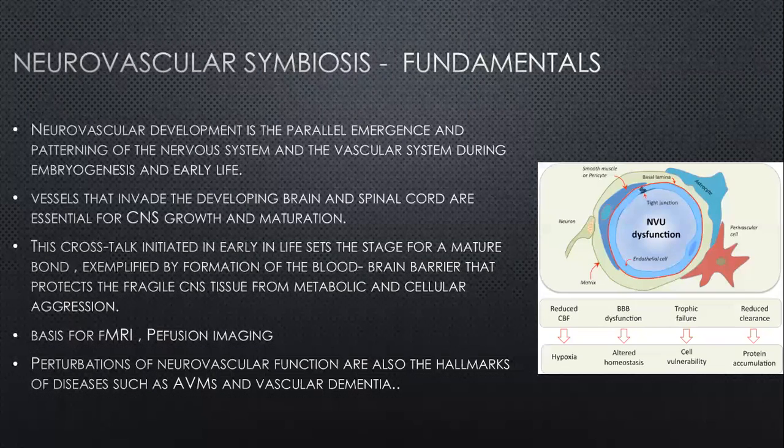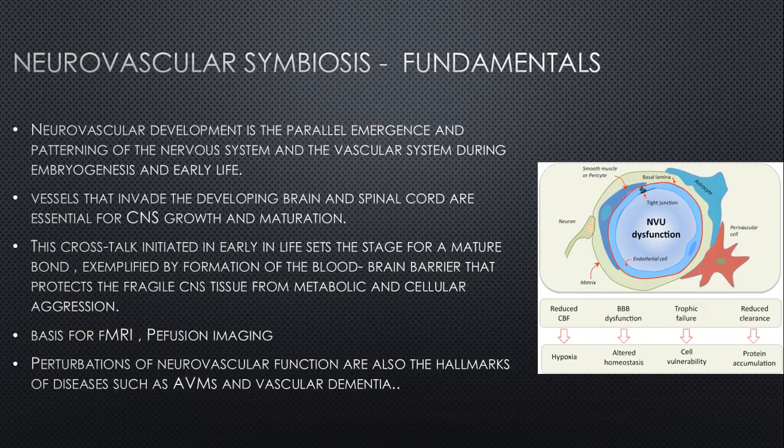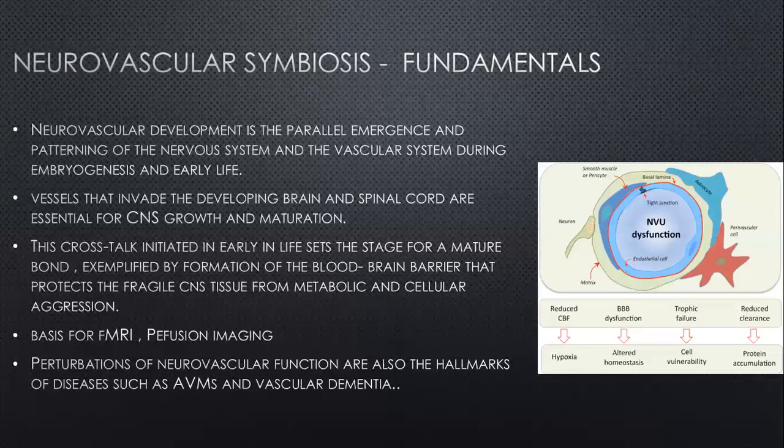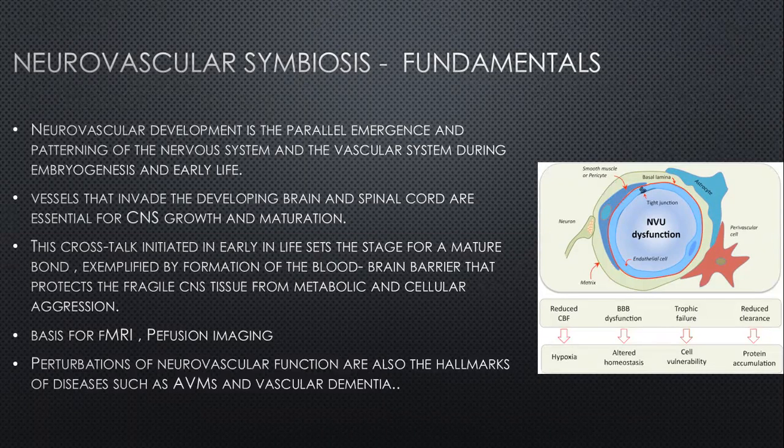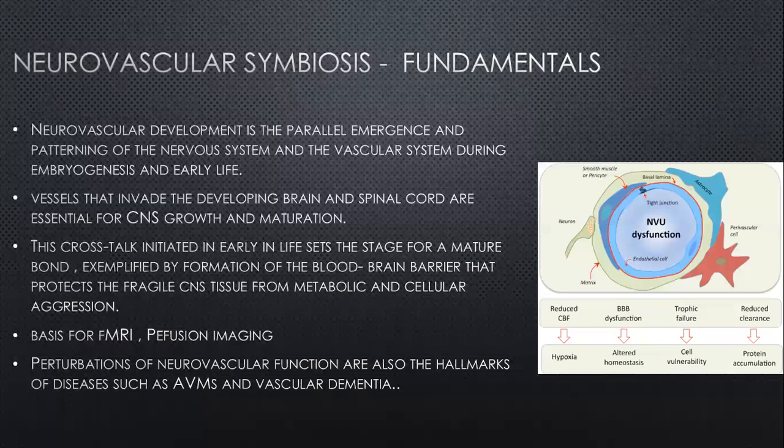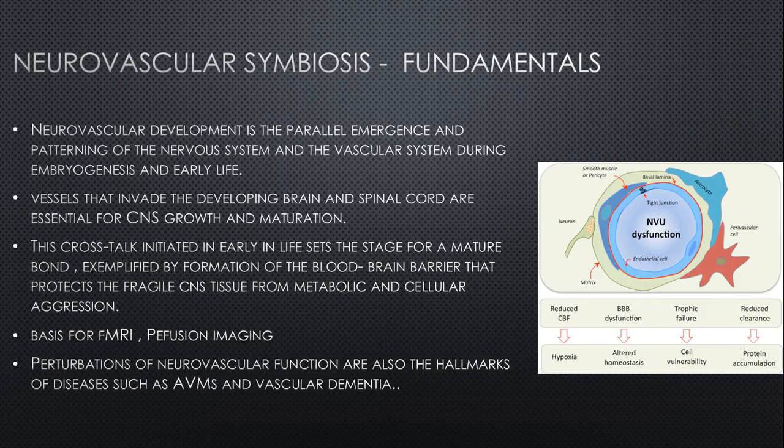This barrier is so specific to the neuronal structures that we don't find it anywhere else, and it's so essential to understand how it develops and then functions so as to protect this fragile nervous system from the excesses, from the aggression of metabolic changes or infections or cellular aggressions.